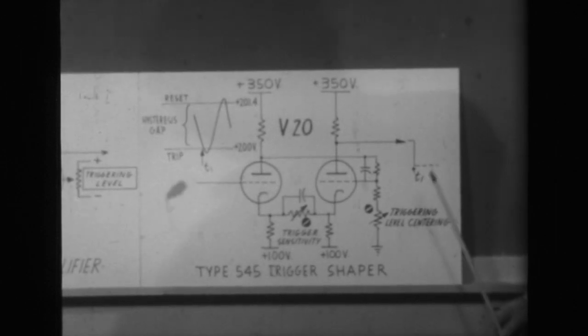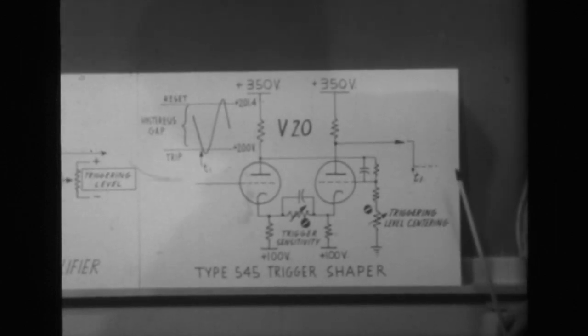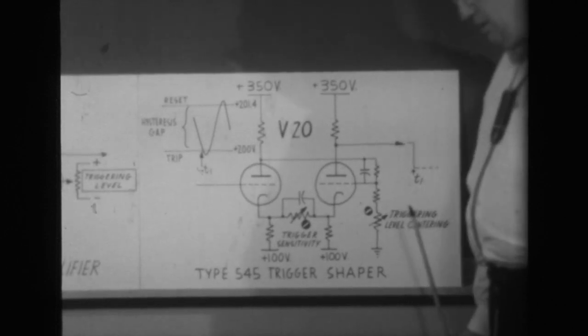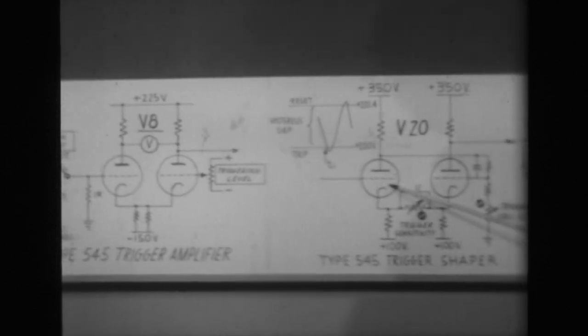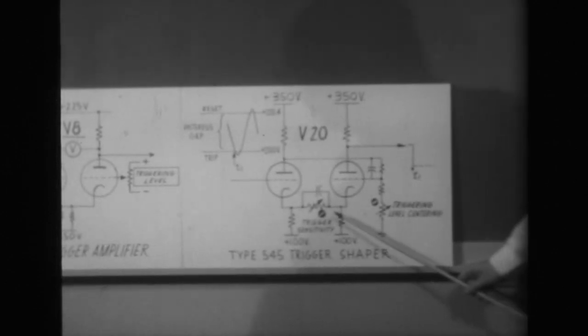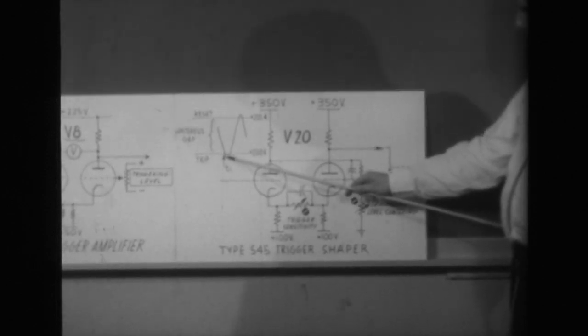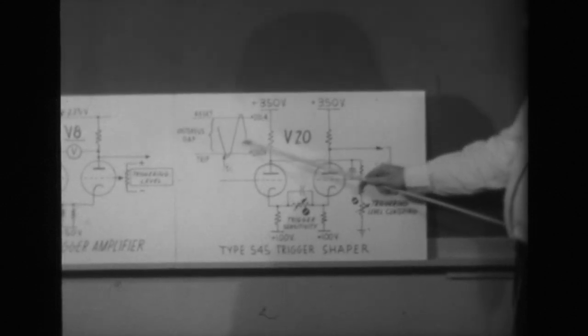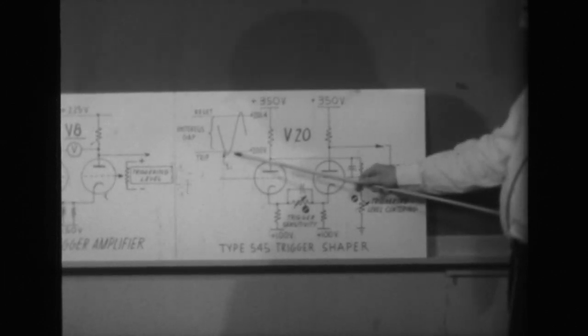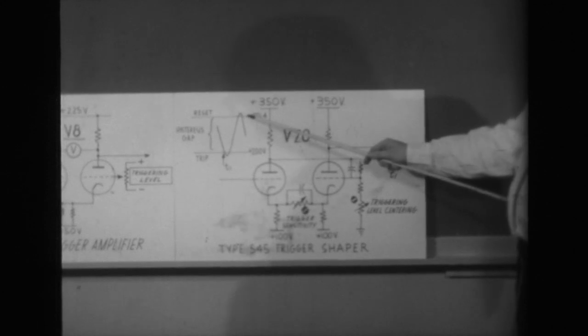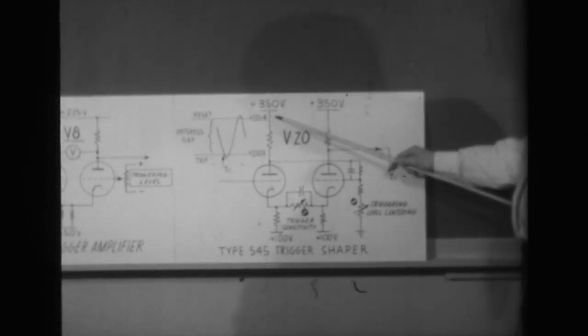Next, we applied a test signal, a 200 millivolt peak-to-peak square wave to the trigger input, again external, fed it through the triggering system to the grid of the bistable multivibrator, and checked to see that the bistable multivibrator was driven through both halves of the cycle of operation. In other words, the square wave applied drove the input grid down through the trip level for this bistable multi and up through the reset level for every cycle of the square wave fed in.